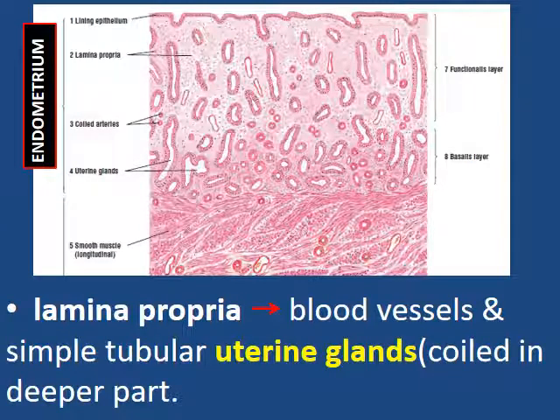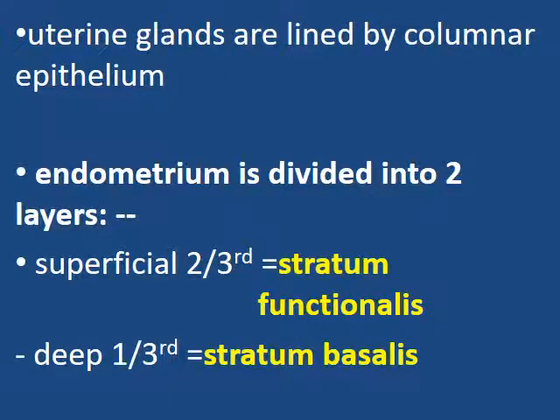In the lamina propria layer, the blood vessels are there, and also the simple tubular uterine glands are present in the lamina propria. In this picture you can see the lamina propria layer and the tubular glands are present. These uterine glands are lined by columnar epithelium.